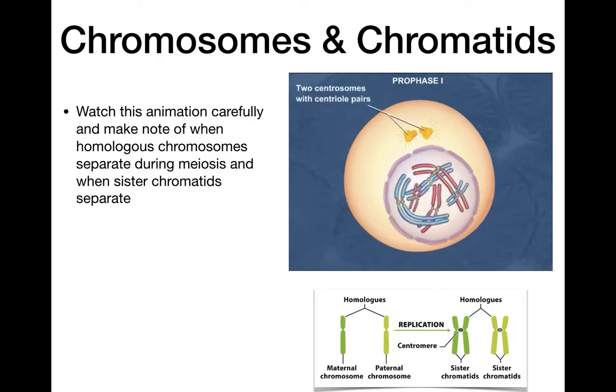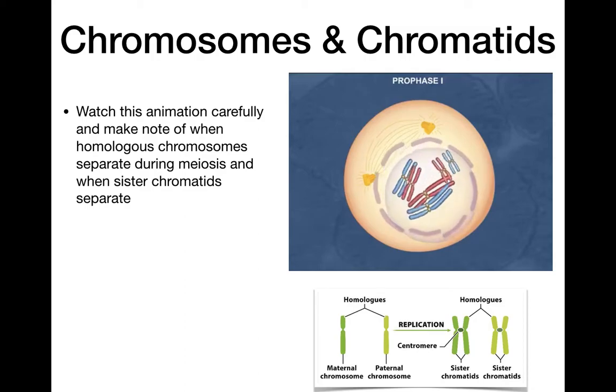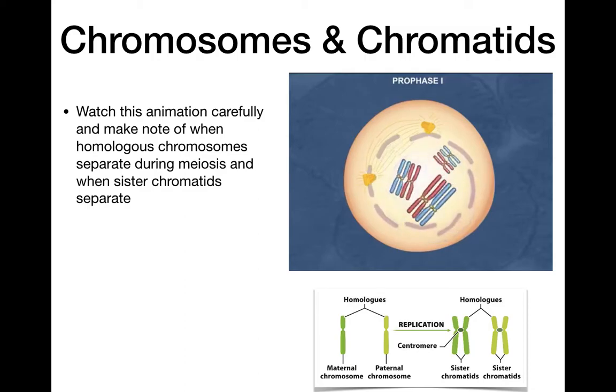Centrosomes, which duplicate at the beginning of meiosis, begin moving apart, and the spindle fibers begin forming. Early in prophase, synaptonemal complexes form, and the homologous chromosomes are seen to align next to each other to form a structure called a bivalent.